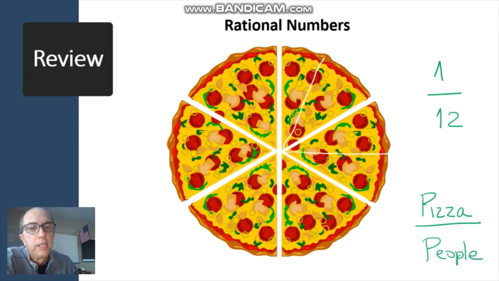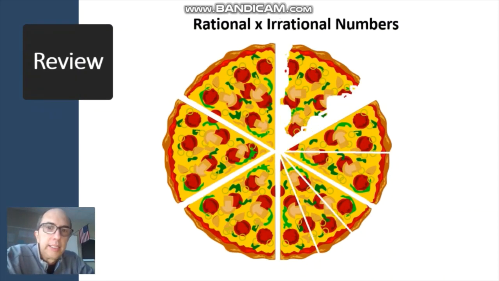Numerator over denominator. And each slice that you divide, you can divide as many times as you want. It's always going to be a rational number because you can represent it using a ratio. Let's see this other pizza right here.